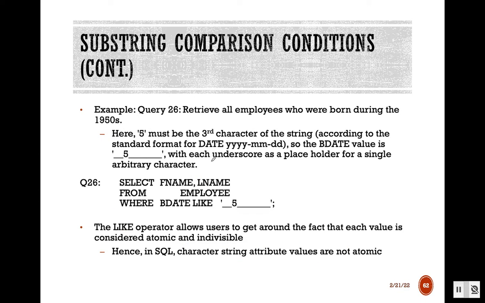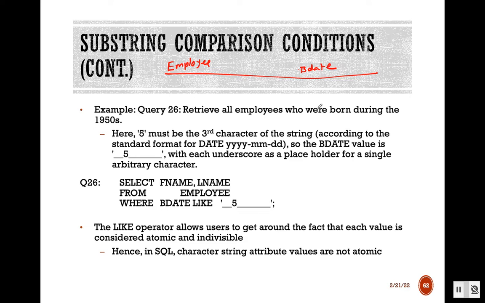So now we are going to see an example where we can do the substring matching with an underscore symbol. In this query, we are going to retrieve all employees who were born during 1950. We have the employee table, and the employee table has an attribute bdate.